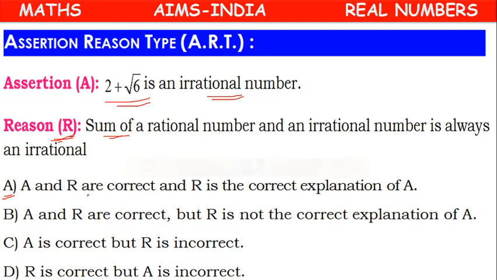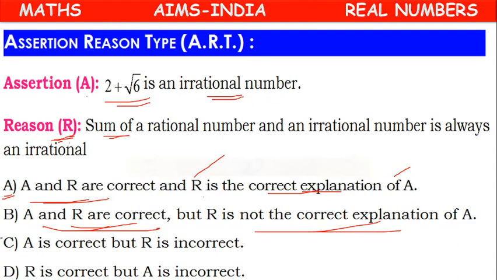Option A stands for both A and R are correct and R is the correct explanation of A. If both are correct and R is not the correct explanation, then B option. A is correct, R is incorrect, C option. R is correct, A is incorrect, D option. Like that you have to choose the answer.